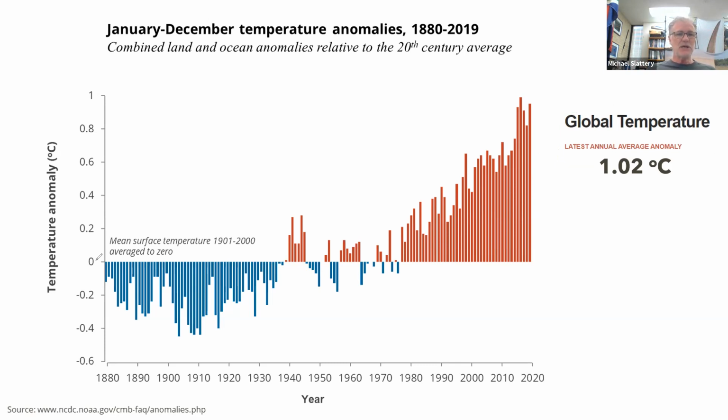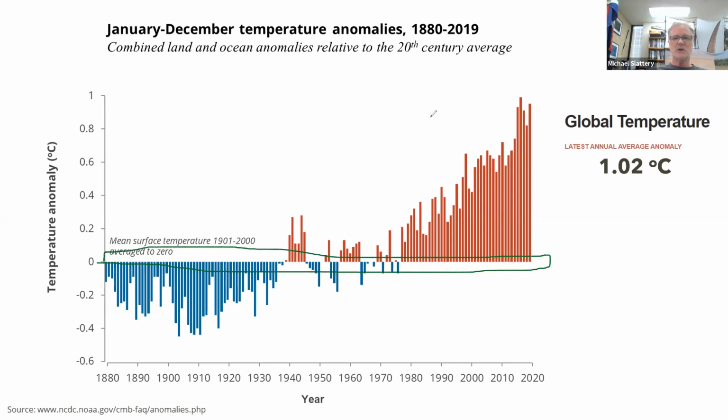Here you're looking at the global temperature anomalies. In other words, for the entire planet, all of the data that is measuring global temperatures, and obviously as we go further back in time, there are fewer of those measurements and the resolution is a bit problematic. We're looking at global temperature anomalies all plotted relative to the 20th century average.